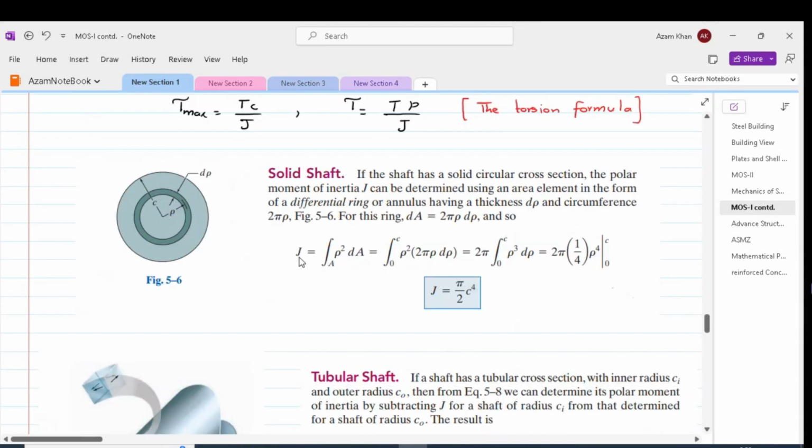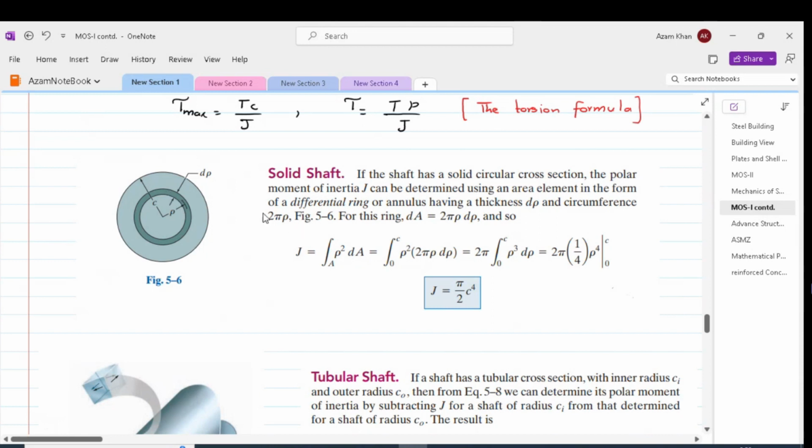The polar moment of inertia for the circular shaft can be determined using an area element in the form of a differential ring. This differential ring has a thickness equal to d rho and a circumference equal to 2 pi rho.